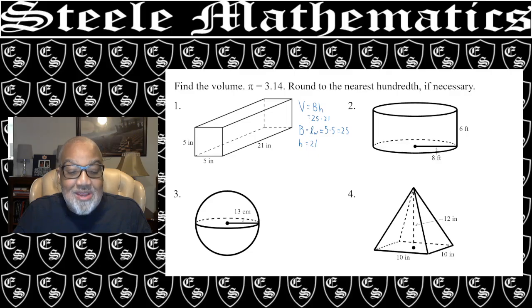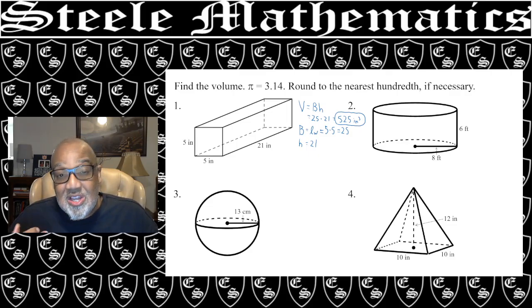And 25 times 21 is 525 cubic inches. Now, when you're dealing with volume, the unit is cubed. So this is why it is 525 cubic inches.